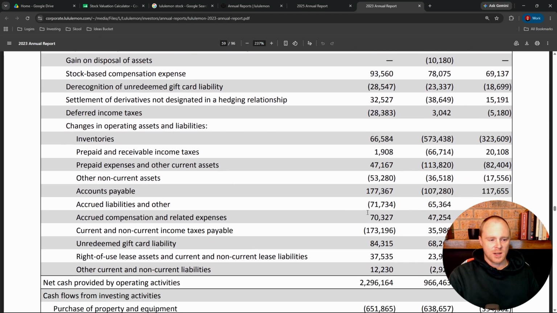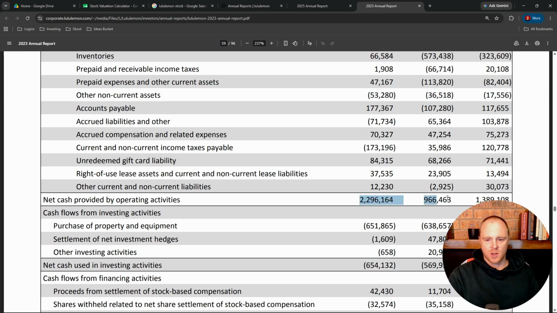So when we get down to the bottom here, what are our net cash flows? So 966 million and 1.38. You can see that during these years, they pretty much just increased purchase of property and equipment and tried to keep that same ratio with the amount of free cash in most recent years, but it kind of backflipped back here.